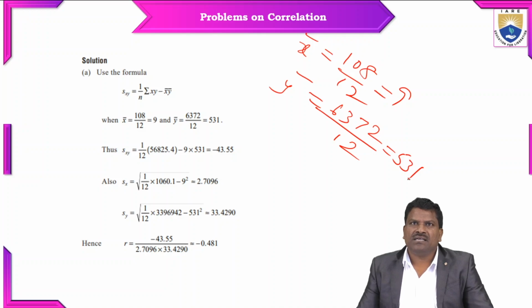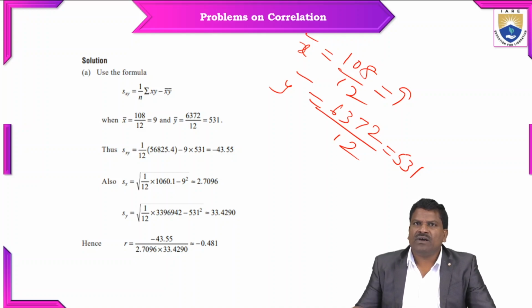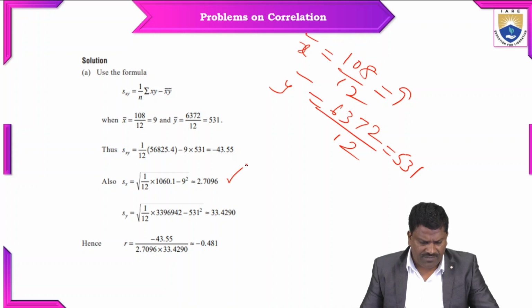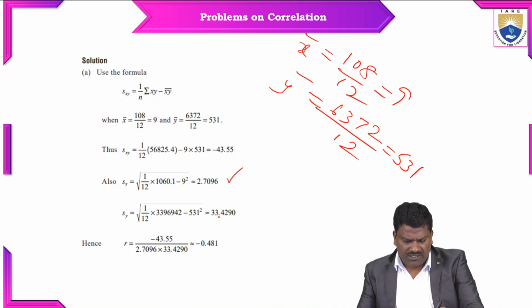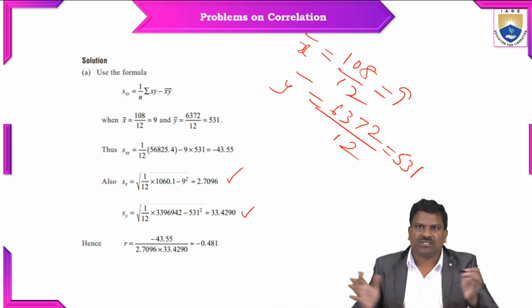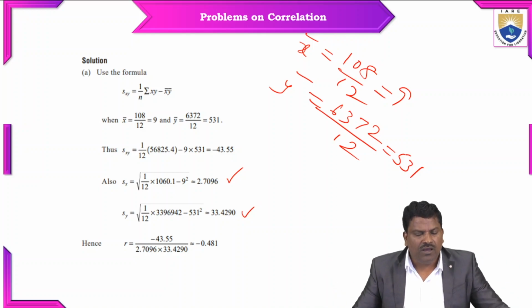Same like that, S of xy using the 1 by n formula, it is becoming 2.7096. Like that, S of y is also becoming 33.4290.